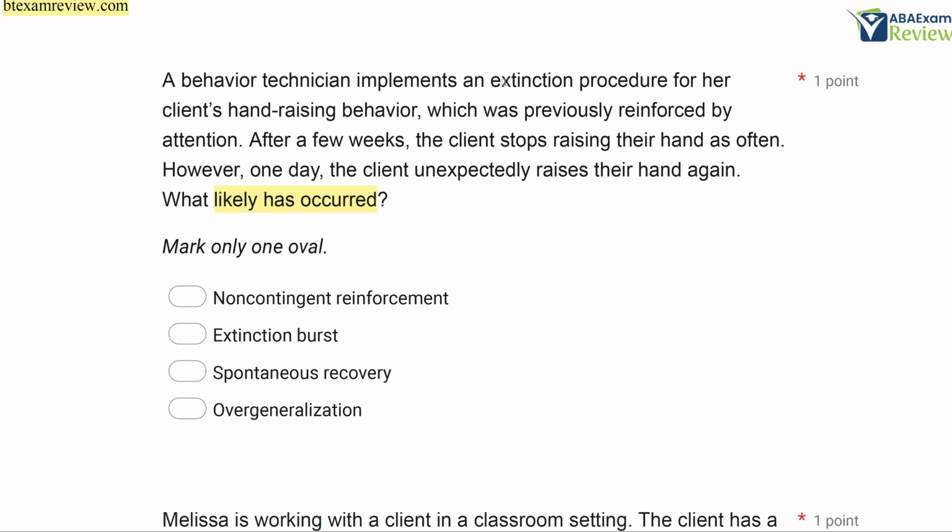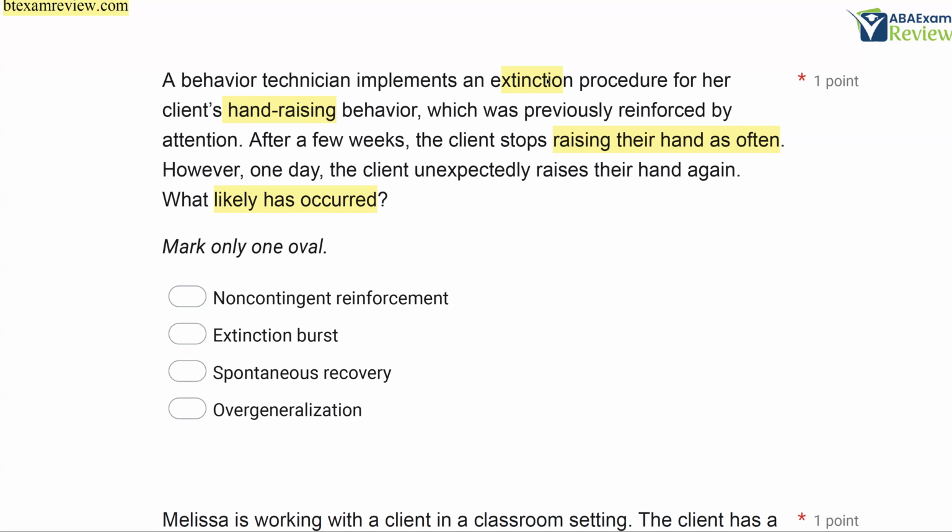Well, the key here is we know the technician has implemented extinction for hand raising, and this was previously reinforced by attention. We also know extinction appears to be effective because the client stopped raising their hand as often. And the whole point of extinction is to decrease a behavior by withholding reinforcement.